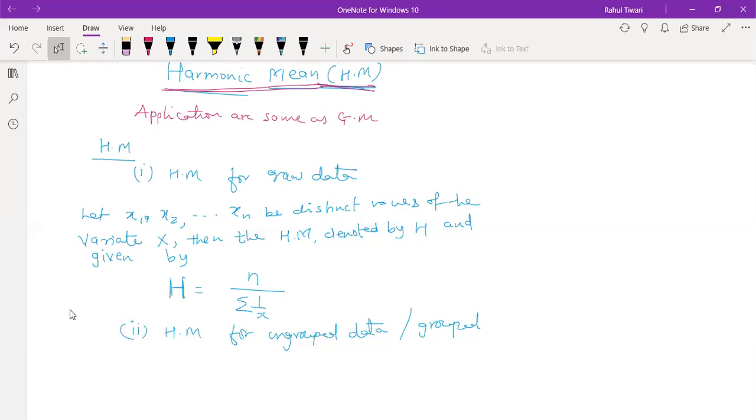The definition runs the same, so we can copy once again. So h is equal to n divided by the summation of f upon x. Again it is a ratio, this is nothing but your n, and it is a reciprocal of this. You can see there x is repeating one time, but here x is repeating f times because it is in frequency.